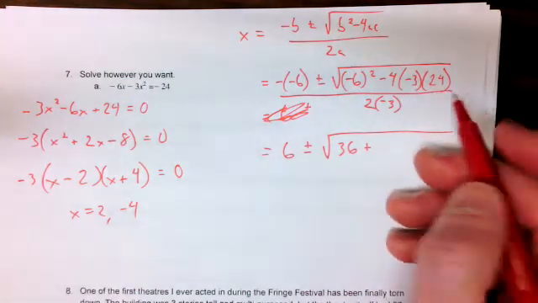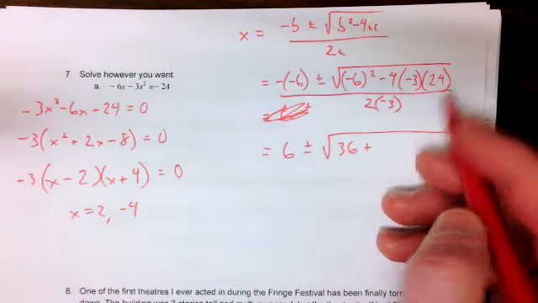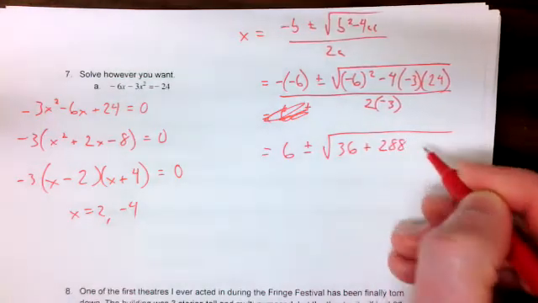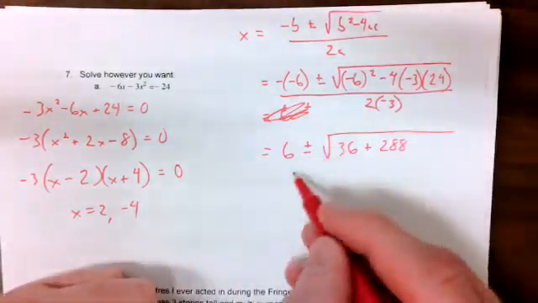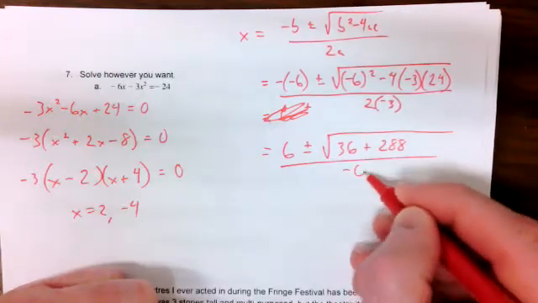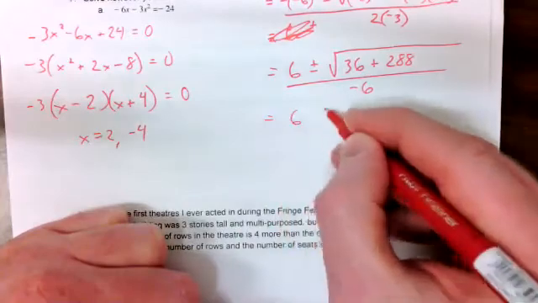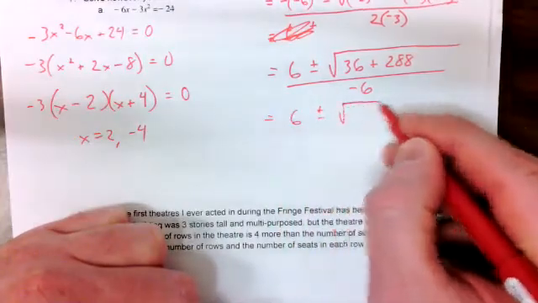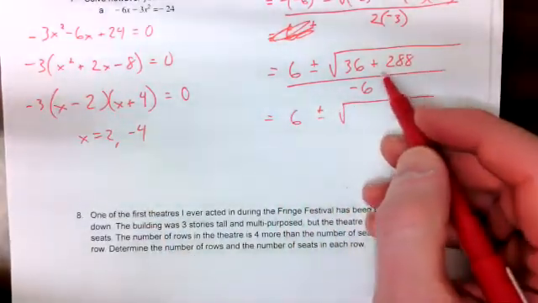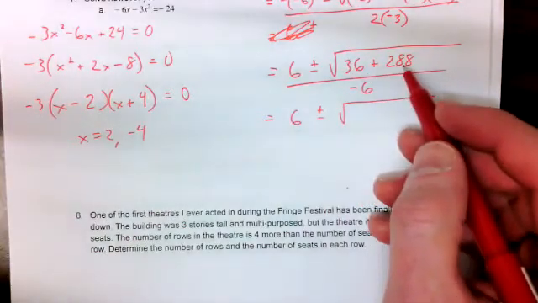Yeah, 72. 4 times 72, 144, 288. Yeah, I don't know that I would give you this question. Over negative 6 equals 6 plus or minus the root. What the heck is this? 288 and 36. This would be 294.